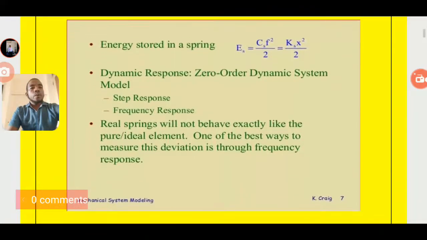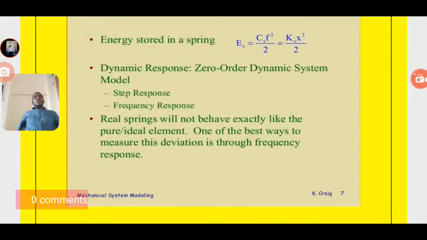When we say dynamic response, it is the response of the dynamic system model. There are two responses: the first one is the step response, and the second one is the frequency response.